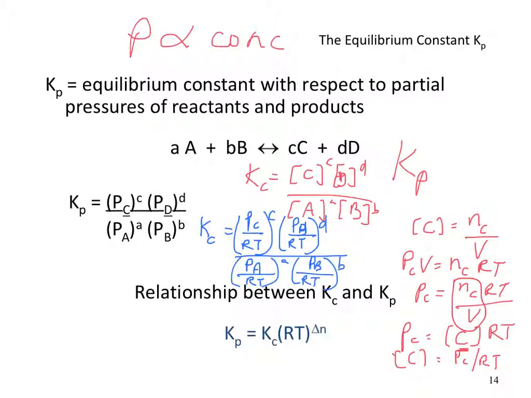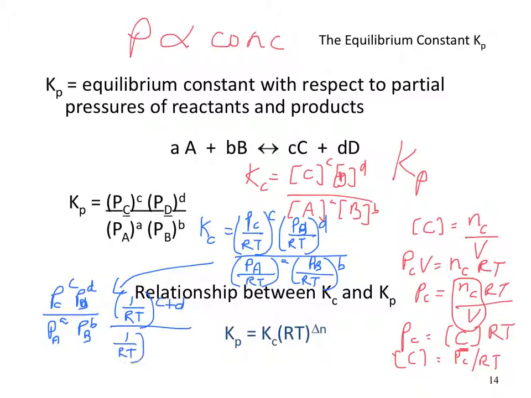And if that's true, then you can simply write that as PC raised to the power of c times PD raised to the power of d divided by PA raised to the power of a and PB raised to the power of b. And the 1 over RT is going to look like c plus d for the numerator, and you have 1 over RT a plus b as the denominator.